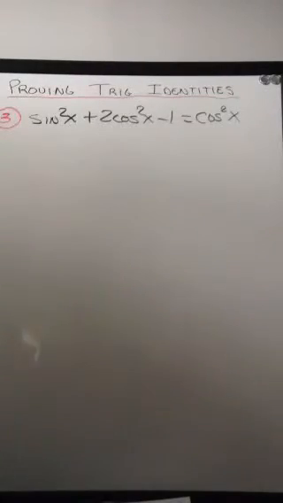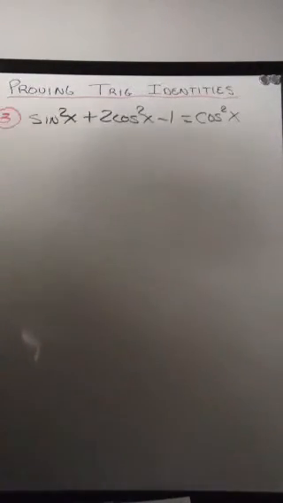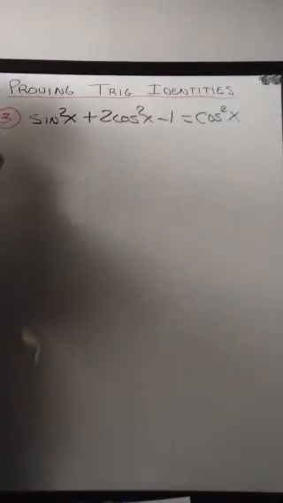All right, definitely in this example, we can see that the left side is much messier than the right side. It has 3 terms, and over on the right side there's only 1. So I'm going to start with the left side.